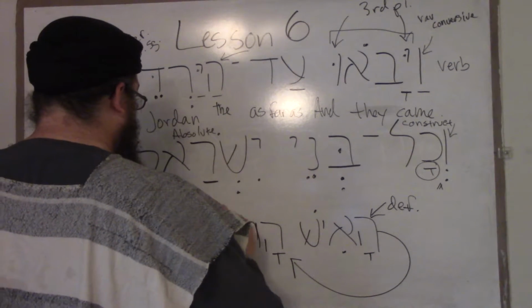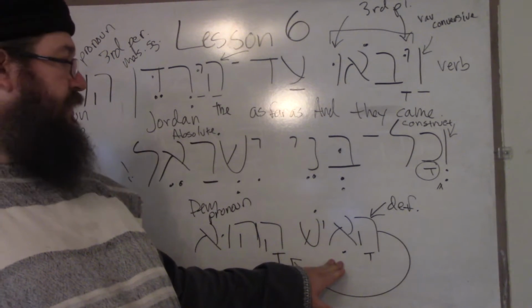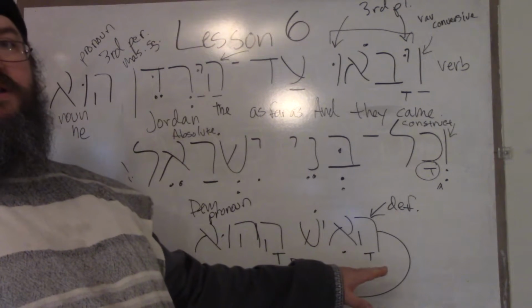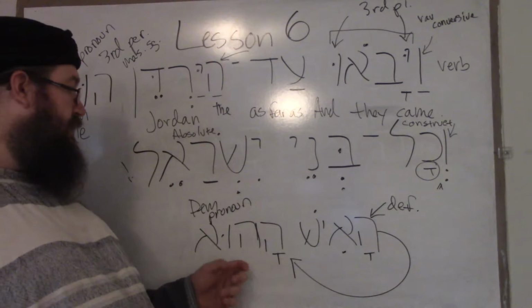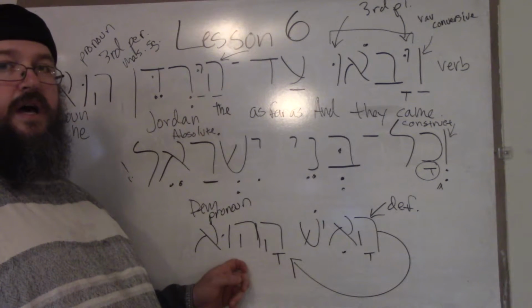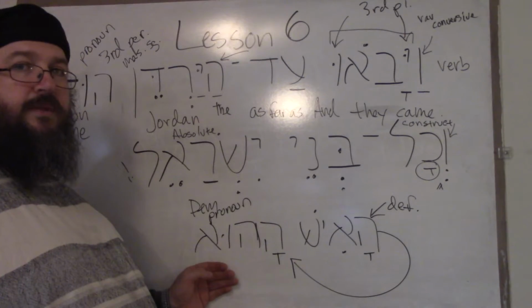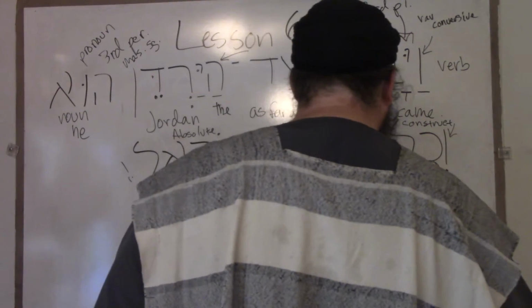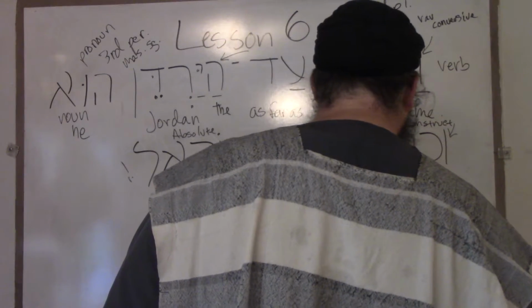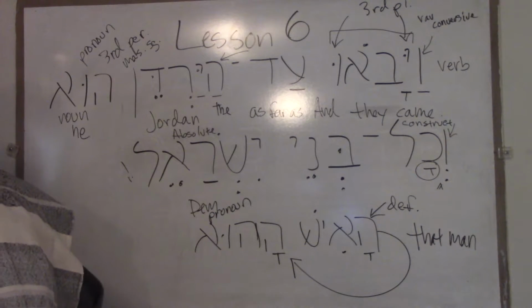If the noun, such as ha'ish, is definite, then I have to place the definite article also on the demonstrative pronoun. Ha'ish hahu literally means that man. Okay? Ha'ish hahu, that man.